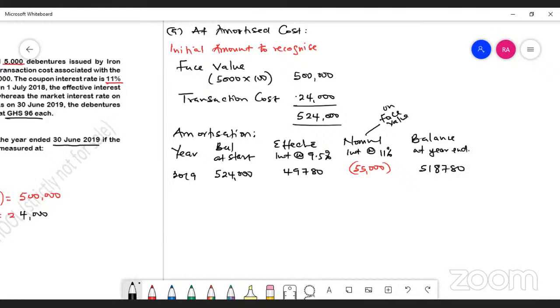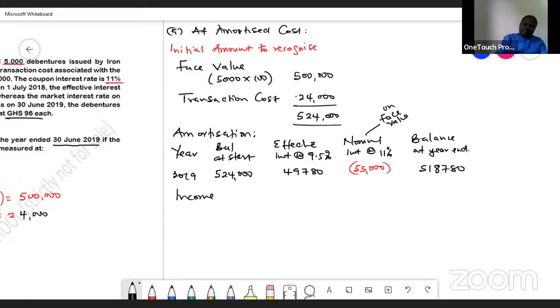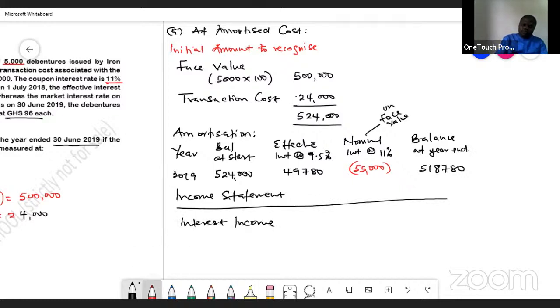Okay. So in our income statement, P&L, we have interest income. That is 49,780.